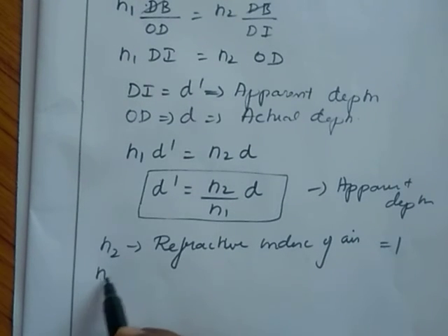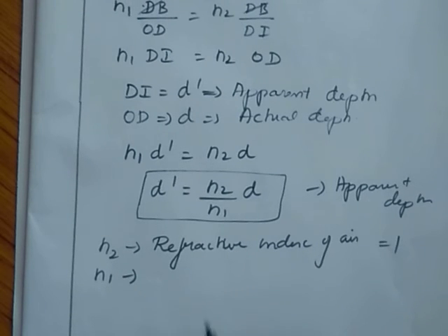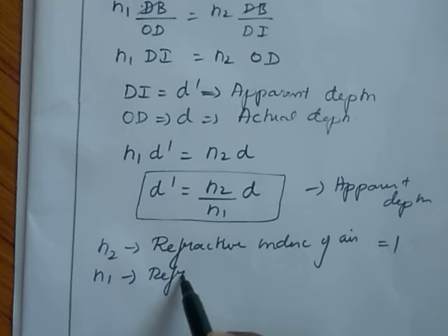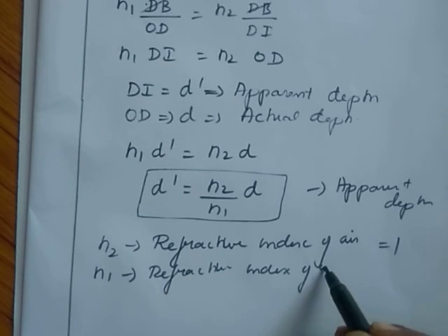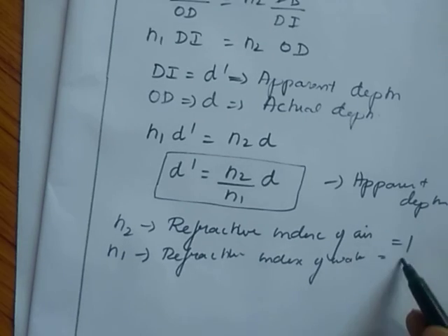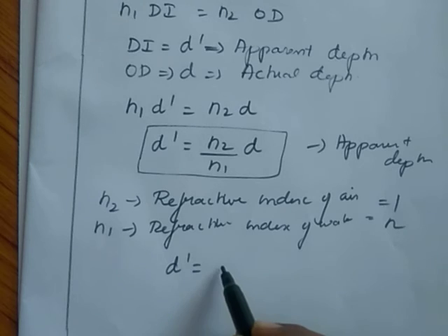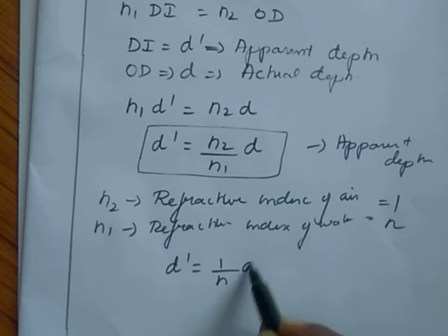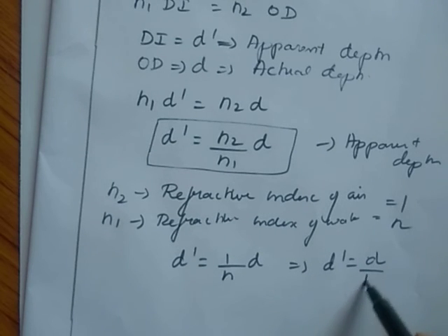Here N1 is the refractive index of water, which is considered as n. So we can write this expression as d dash is equal to 1 by n into d, that is d dash is equal to d by n.